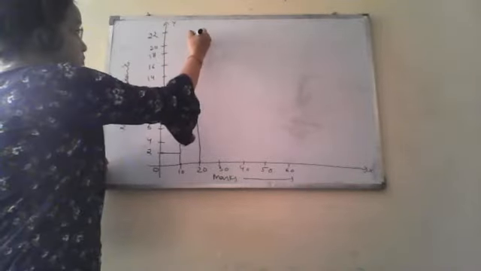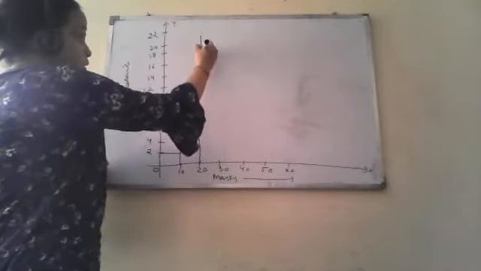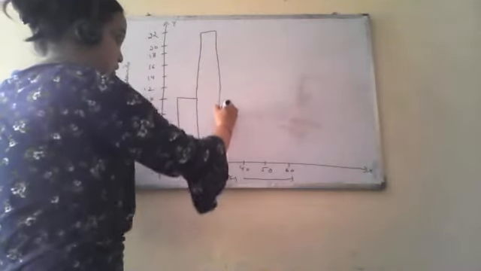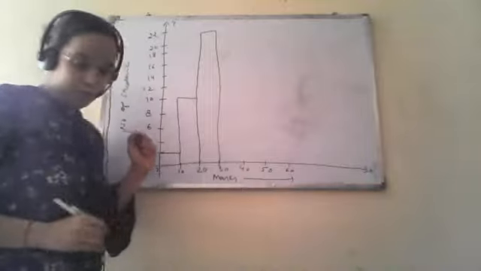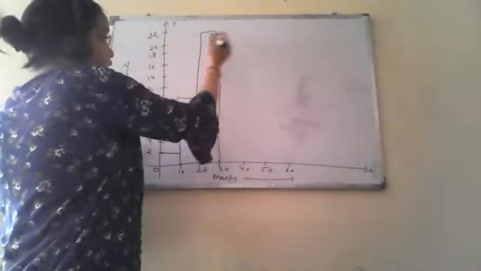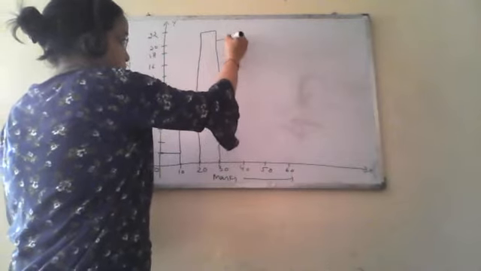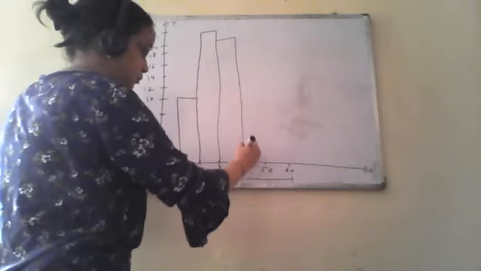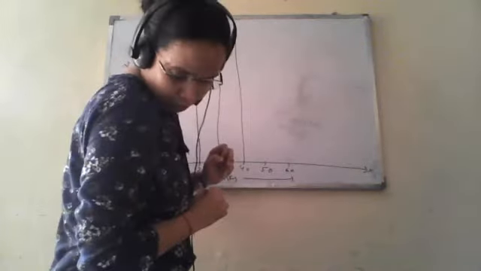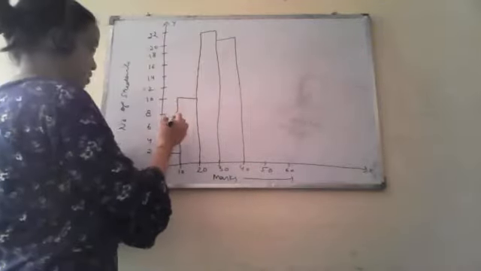Their 21 will be between 20 and 22. Between 30 to 40 we have 19 students. So it will be between 18 to 20. This way. Between 40 to 50 we have 7 students.